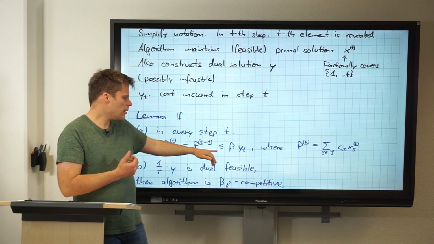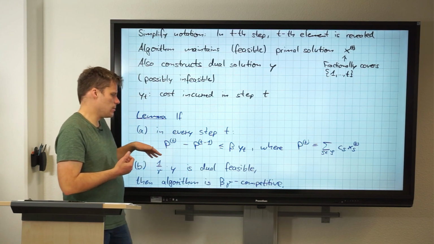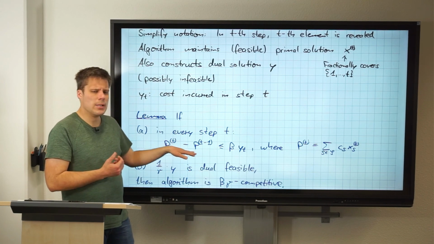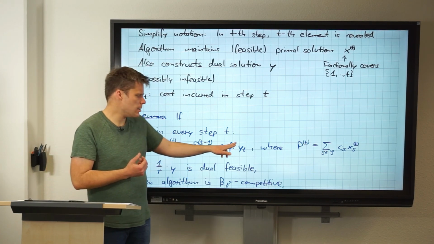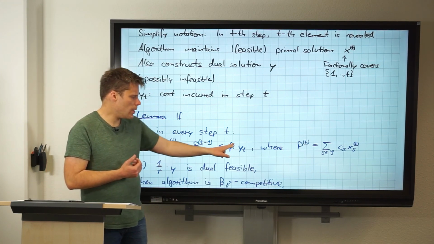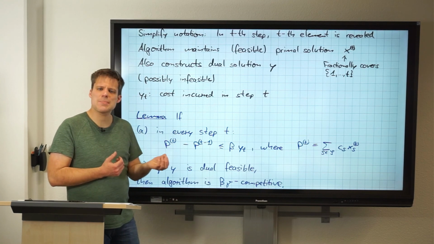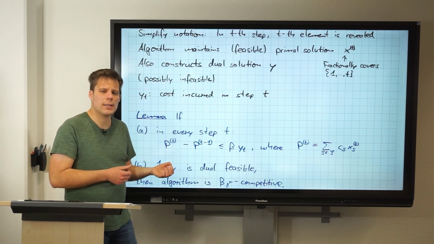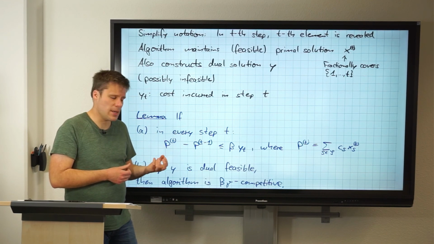And what we'll now want to have is that we leave us some slack, so that this primal increase is at most beta times yt. So by yt we mean how expensive it was for us to cover the tth element.